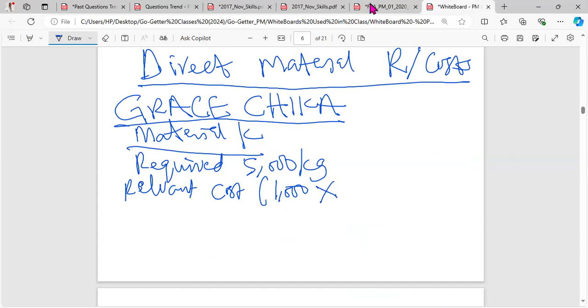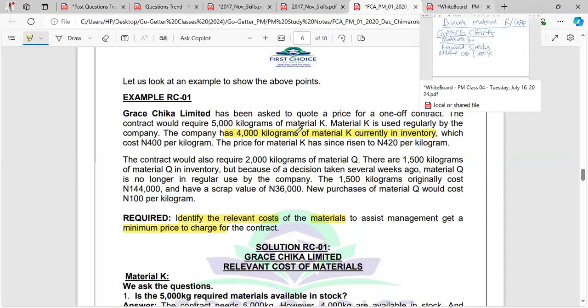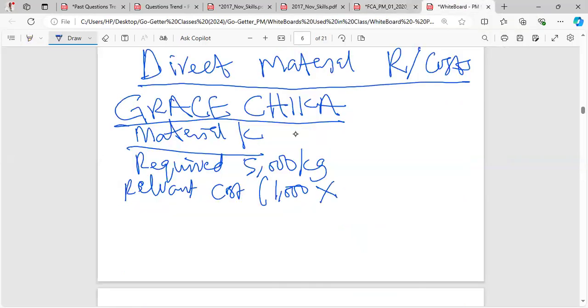How much does it cost us? Now, which costs 400 naira per kilogram. It means that this 4,000 kilogram, we bought them for 400 naira. The price for material K has since risen to 420. So it's as good as calling the market. How much do you sell it now? 420. So we are going to use 420 naira.